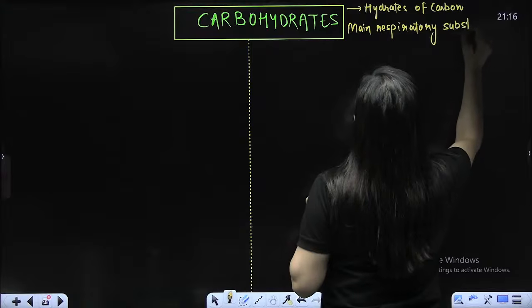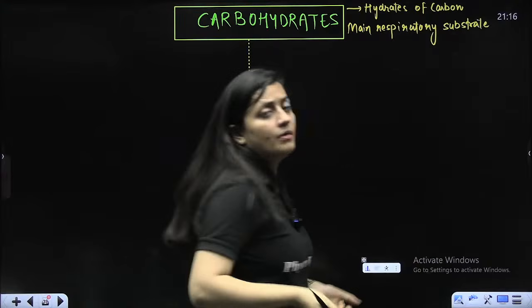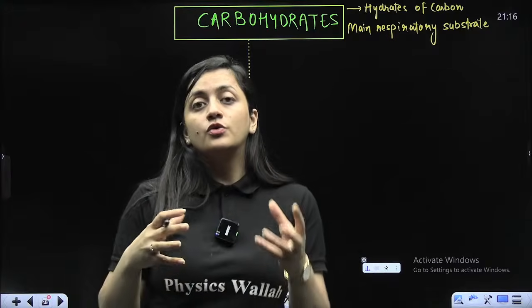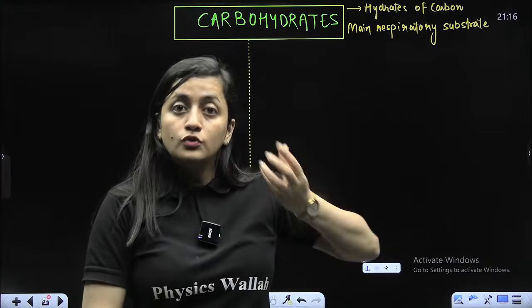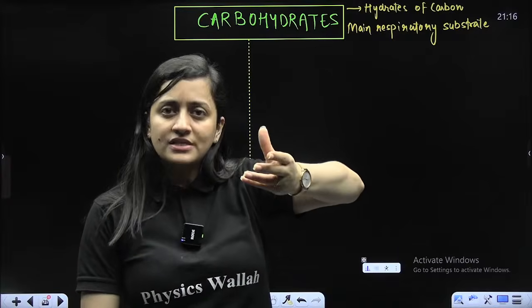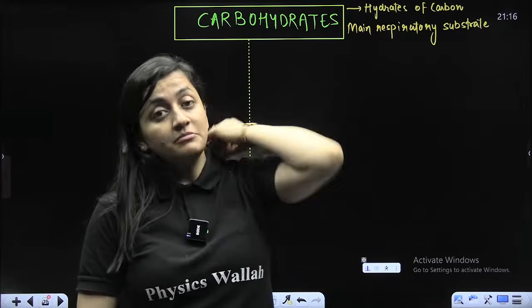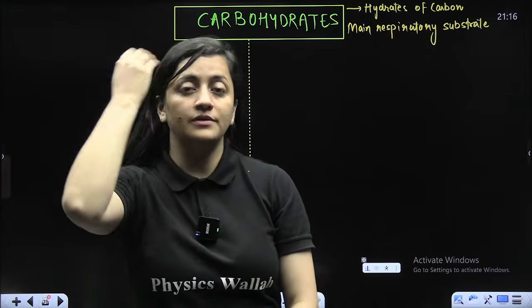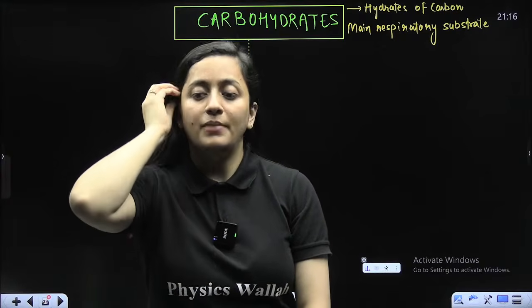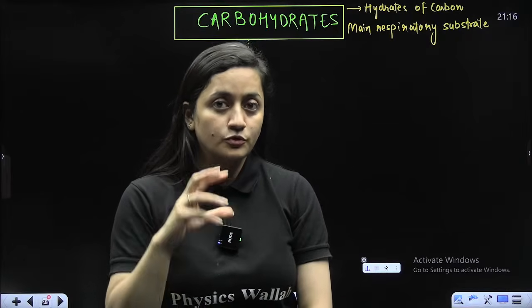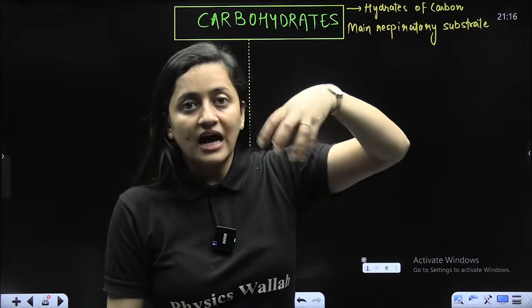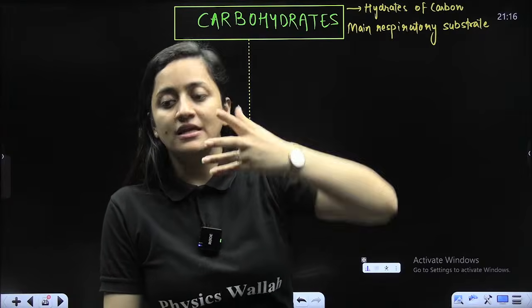We eat the food. The complex food is converted into the simple form. You know that will be glucose. So glucose will be oxidized. This is what we study. No doubt it is the assumption: we assume that glucose is the only respiratory substrate. But still, to understand that process, the carbohydrates are the main respiratory substrate.